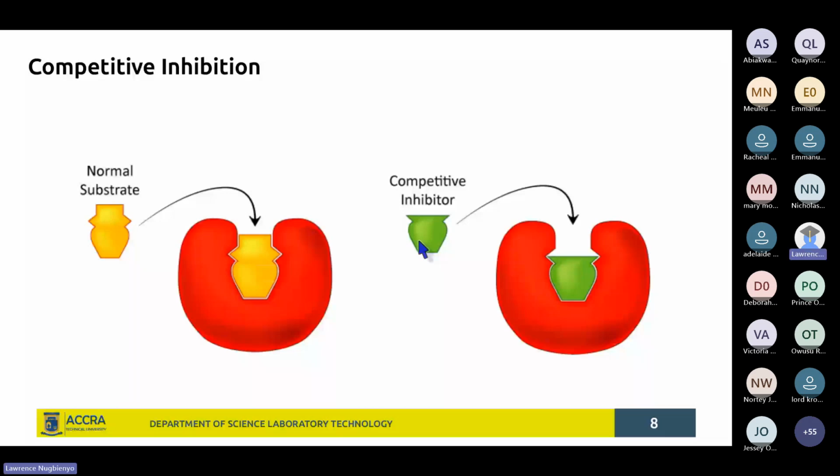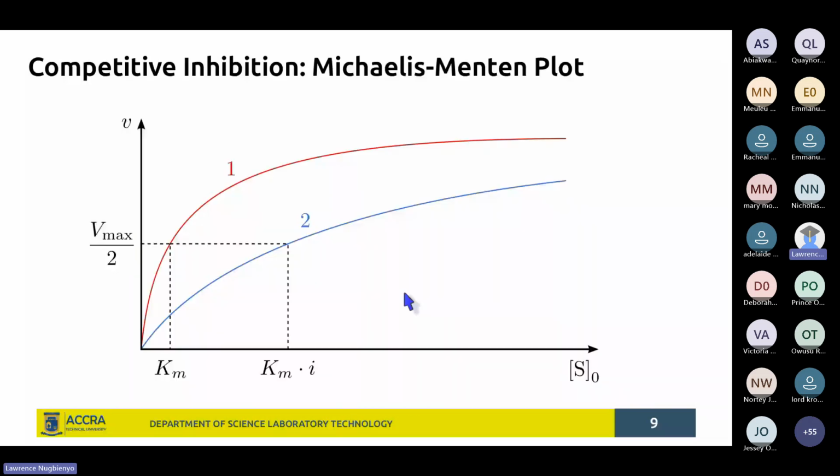So that is why we refer to that as competitive inhibition. Now, competitive inhibition can be shown with the Michaelis-Menten plot, what we just saw. We can use that to represent how competitive inhibition will look.